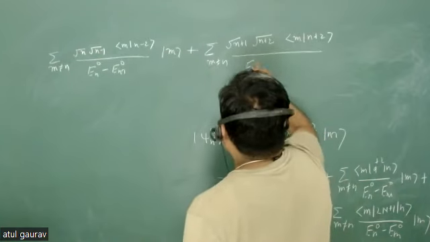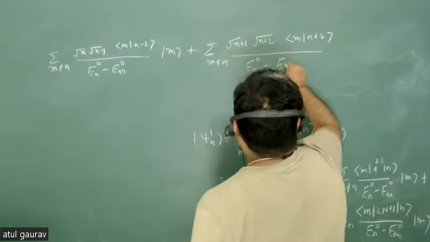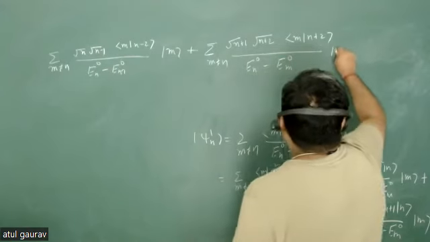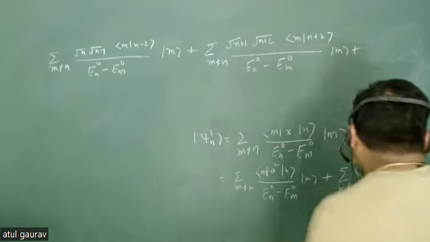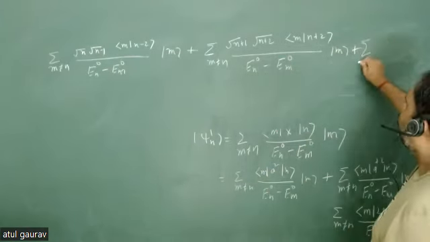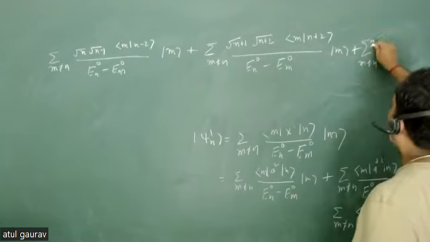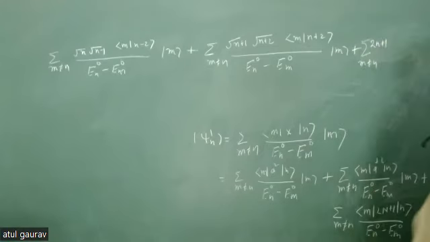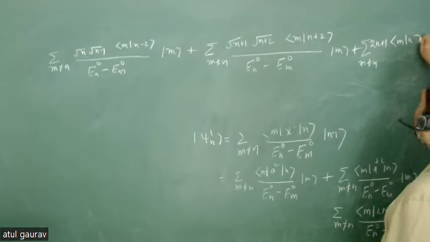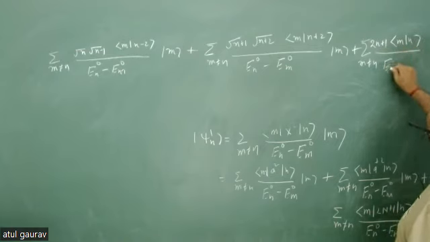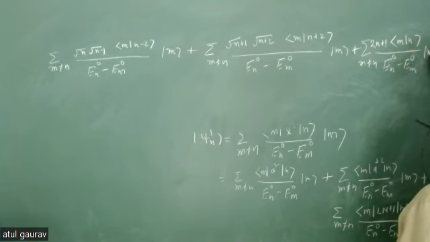And you have E_n^(0) minus E_m^(0), times |m>, and the third term is also there. What will you get? m not equal to n, this value is 2n plus 1, and you have <m|n> as well as E_n^(0) minus E_m^(0), times |m>.